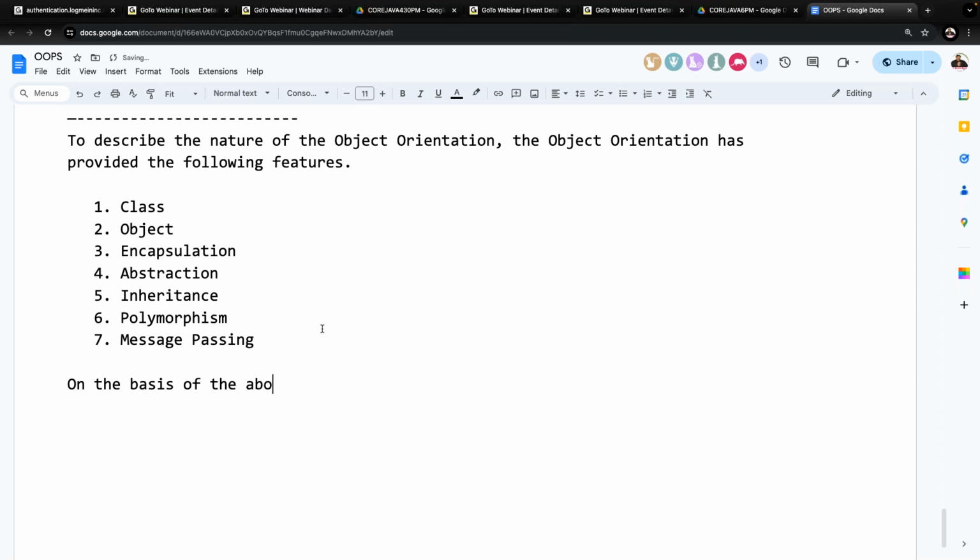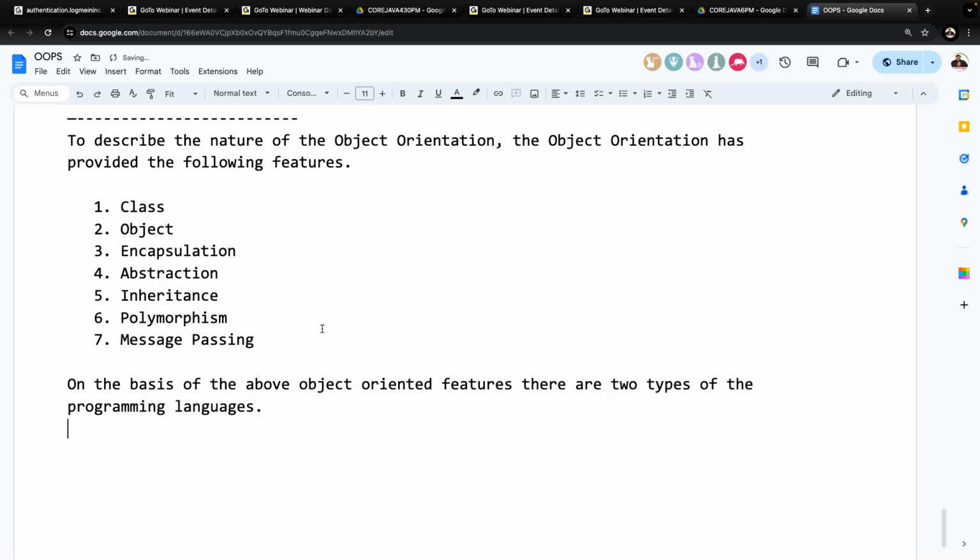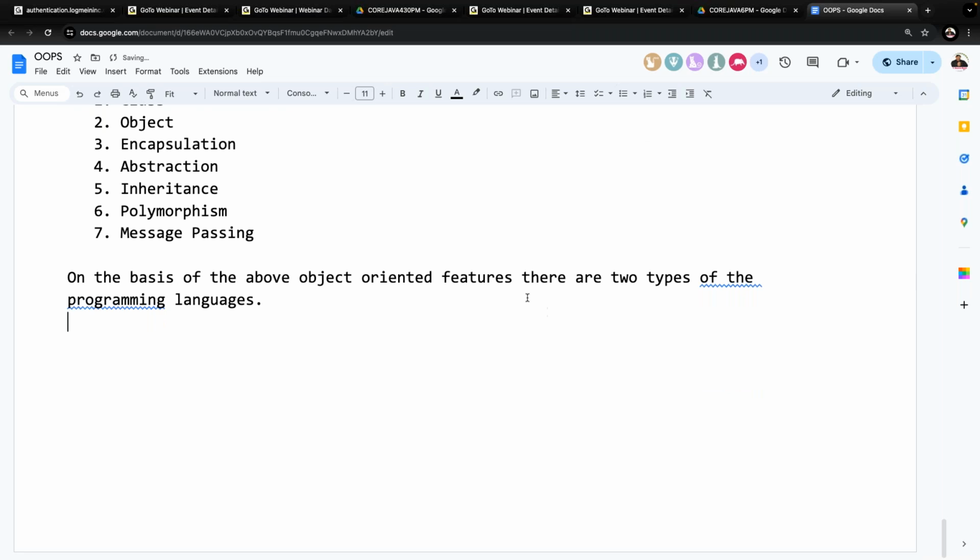On the basis of the above object oriented features, there are two types of programming languages. What are the two types of programming languages?